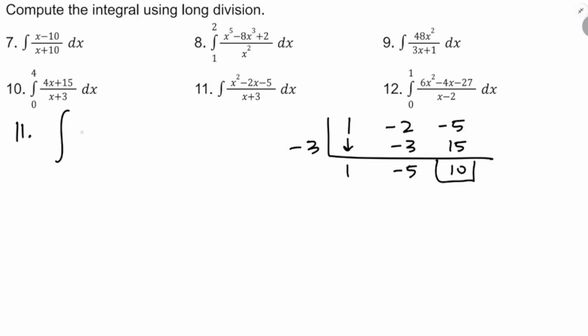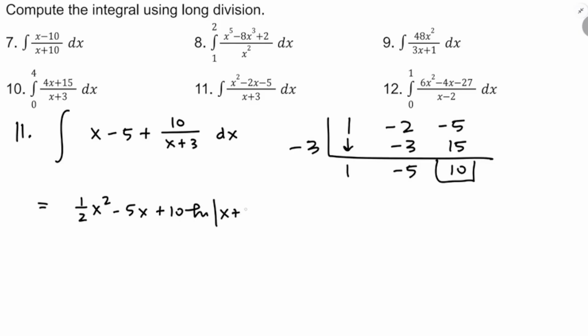Anyway, so now I've got x minus 5 plus 10 over x plus 3. That antiderivative is 1/2 x squared minus 5x plus 10 natural log of the absolute value of x plus 3 plus c.